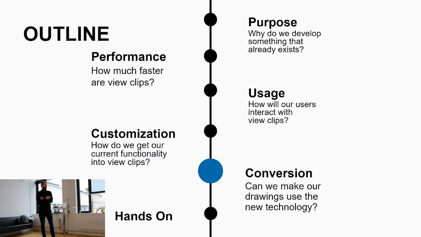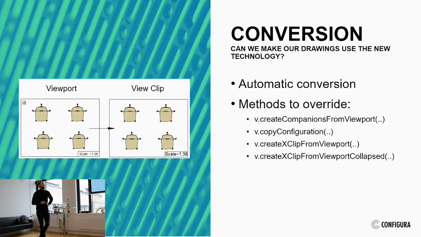So for conversions, how can we make our drawings use the new technology? Well, the good news is that if you have a regular viewport, you don't have to do anything. We have support for conversion from the classic viewport to the ViewClip built in. So you just have to right-click and then press convert, and it will turn into a ViewClip.